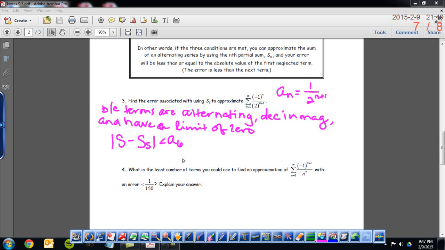And I want you to get in the habit of using this notation right here. Your error is the difference of the full sum that we're unable to find because it's an infinite series, minus whatever your approximation is. In this case, they told us that we were going to use S sub 5, the first 5 terms. So your error is less than the first neglected term.